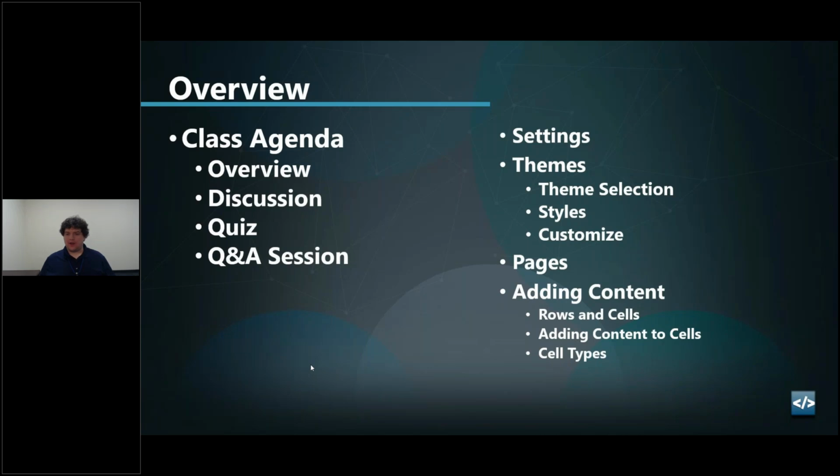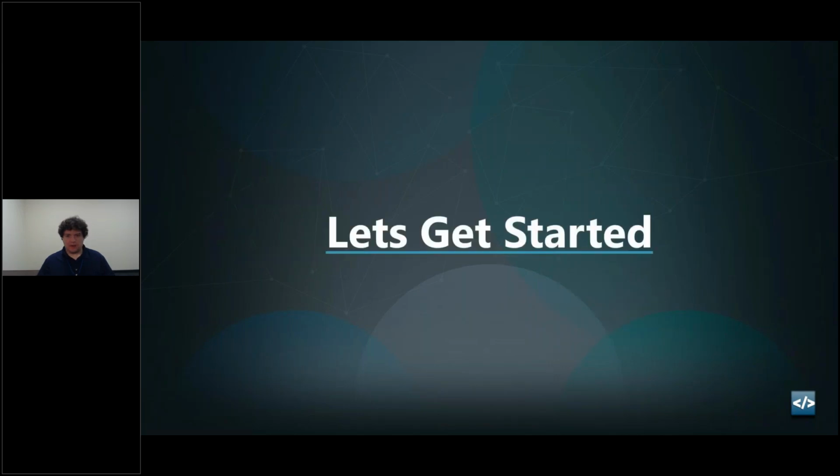And we're also going to be talking about adding content to your pages. So we're going to be talking about the rows and cells system, actually adding content to those cells, and then different cell types that we offer, controlling what kind of information you put on your page. So with all that in mind, let's go ahead and get started.